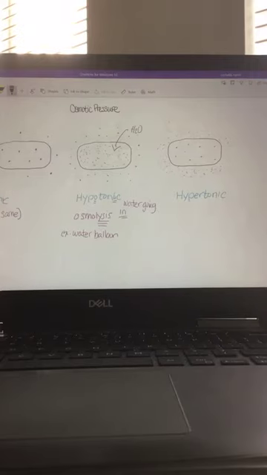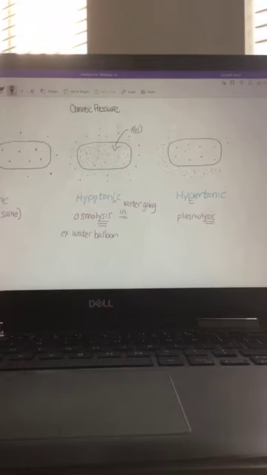Then on to hypertonic, we are going to use the P in hypertonic for plasmolysis. Again, we see lysis, meaning to break, so you know something's going to break. The cell is going to break.